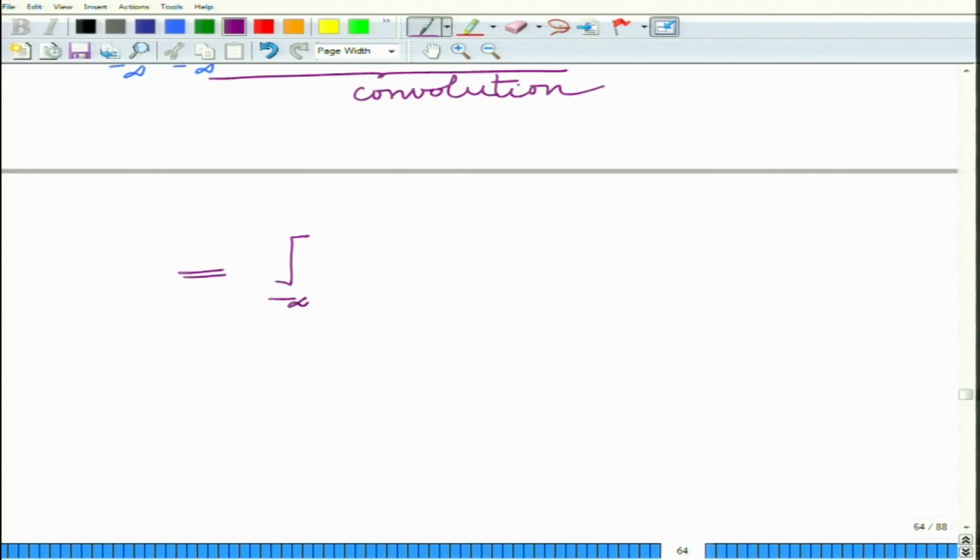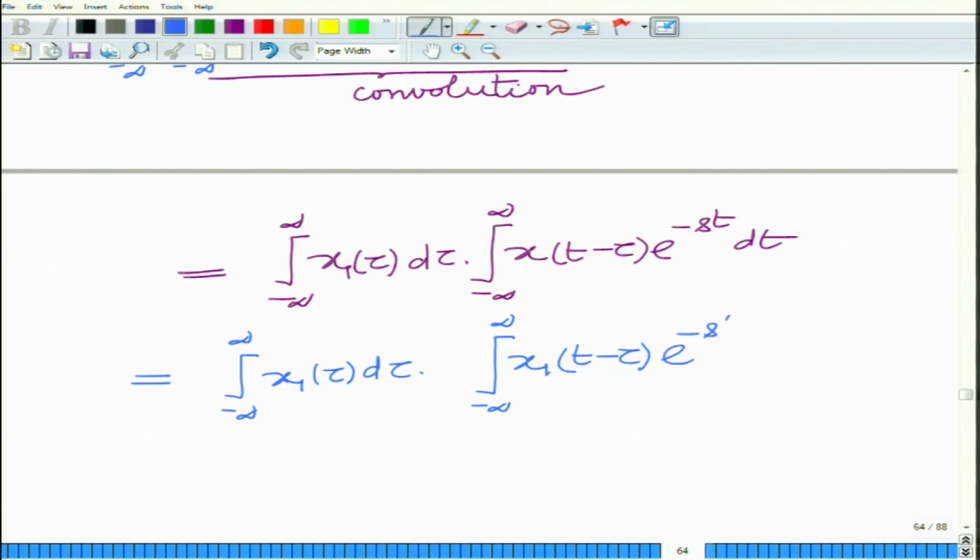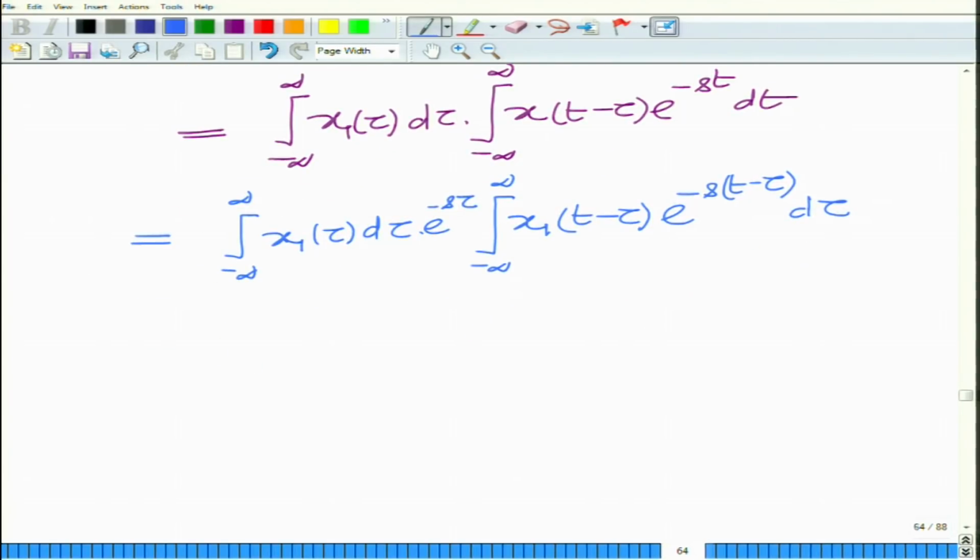I can make this the integral from minus infinity to infinity of x1(tau) d tau times the integral from minus infinity to infinity of x2(t minus tau) e raised to minus st dt. Now I can write e raised to minus st as e raised to minus s(t minus tau), so there is a factor of e raised to minus s tau, which I write outside. So, I am multiplying by e raised to minus s tau into e raised to plus s tau.